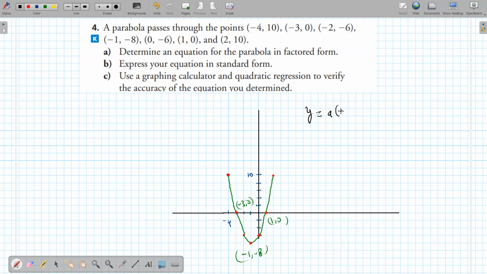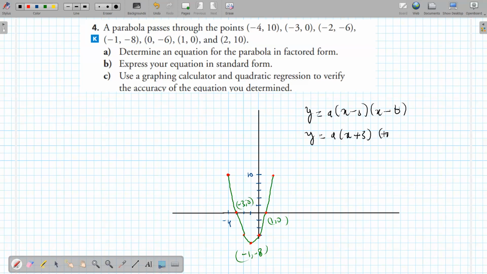So again, factored form, x minus s, x minus t. What's s and t? Remember, it's the x-intercepts, -3 and 1. So plug s as -3 becomes +3.